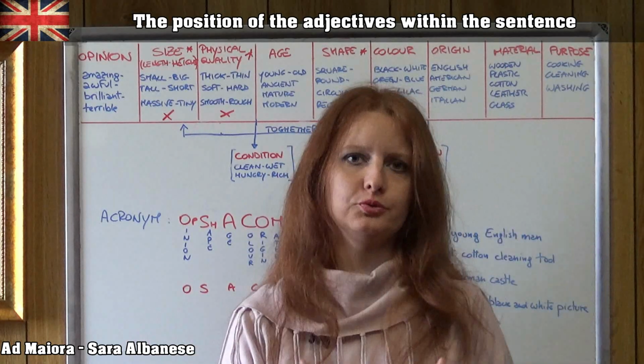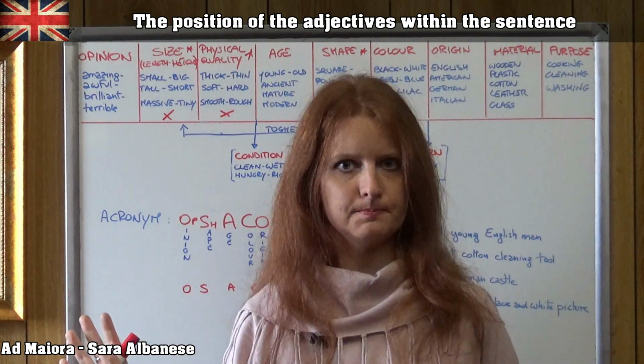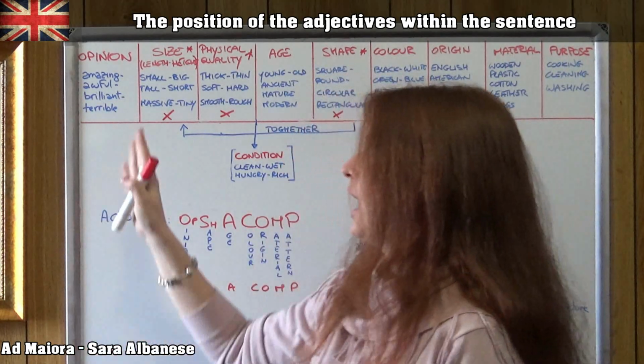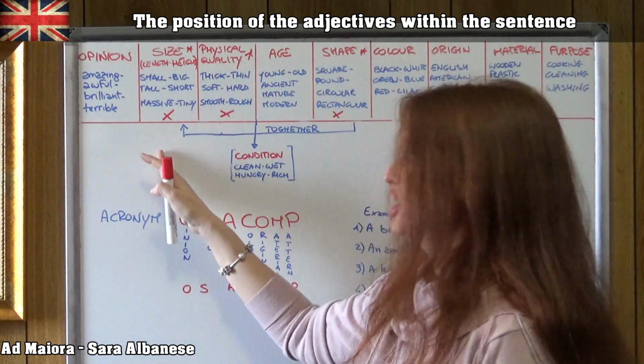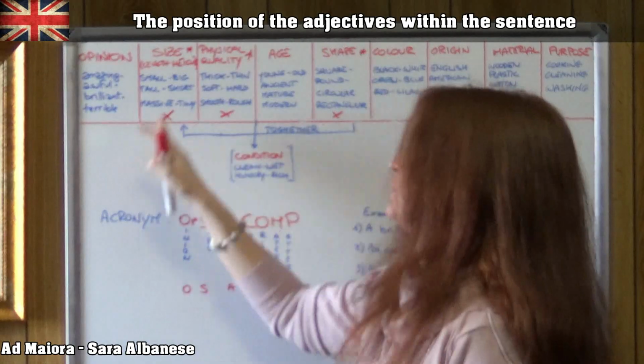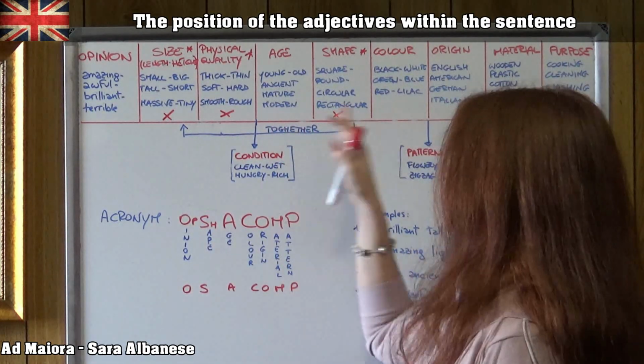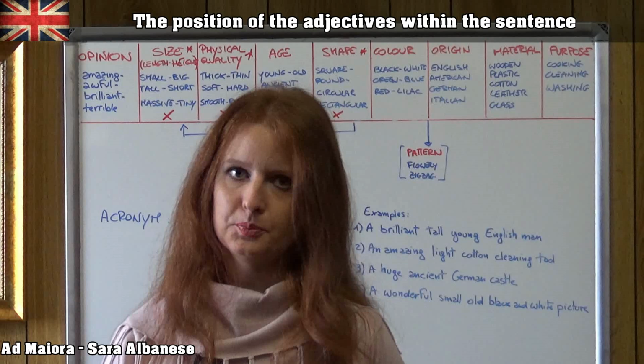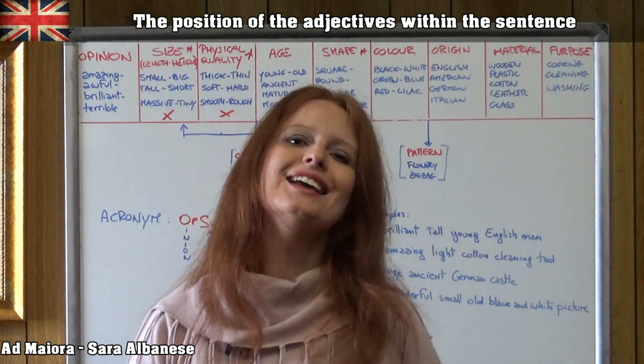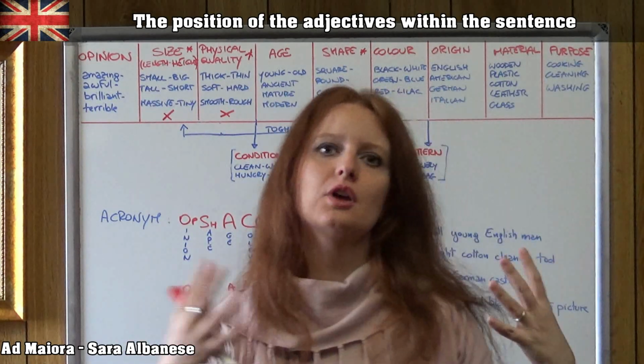So they are all put together in the second position. So we have opinion, then shape, which includes also size and physical quality, and then age, and then color, origin, material, and purpose.